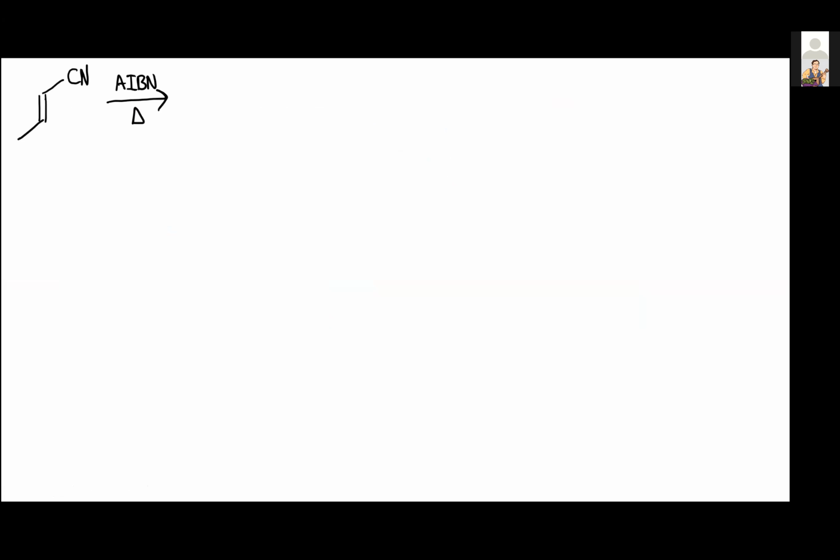So I think there's a lot of interest in talking about polymerization reactions, and I think we just did this example. I'm going to do a slightly different version of this example.